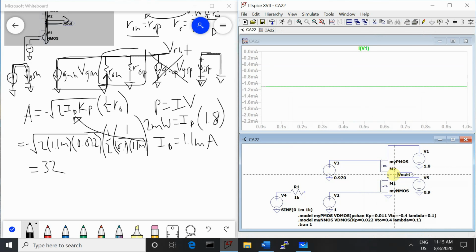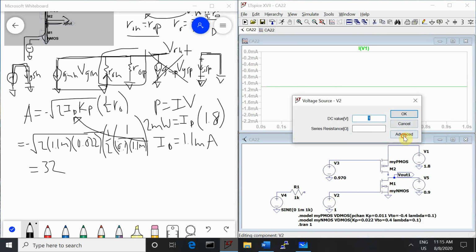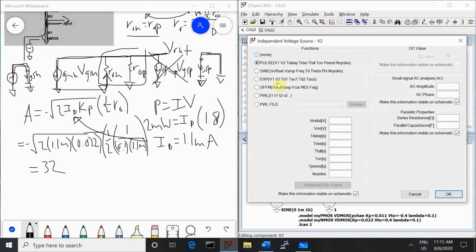For the NMOS, we're going to go from 0.9 volts down to ground. So we're going to do the same thing here, where we're pulsing from 0 to 1.8, taking 1 second to do it.